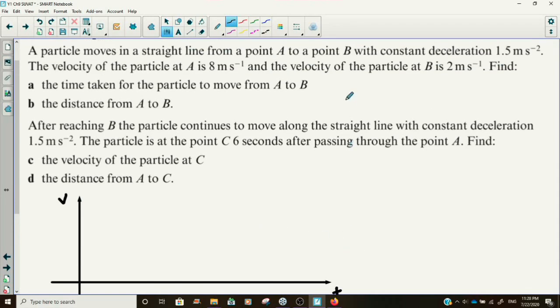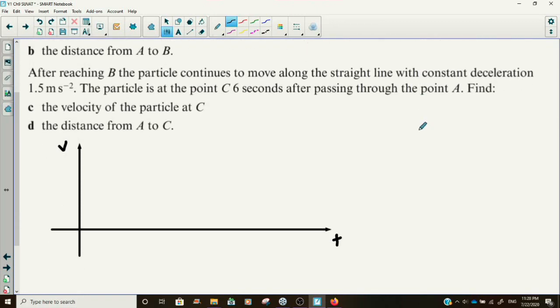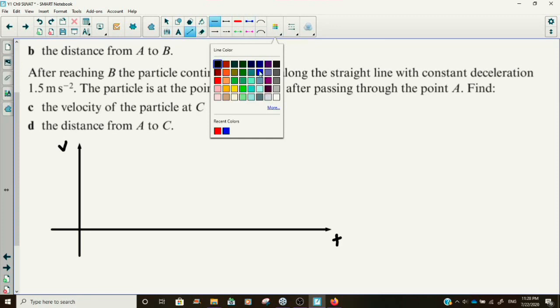And just go back to the question. Particle moves in a straight line from A to B with constant deceleration. So if the deceleration is 1.5, that means it's sloping downwards from A to B. At A it's 8, at B it's 2. Okay, so let's draw that part of the graph, and we're going to do that in blue.